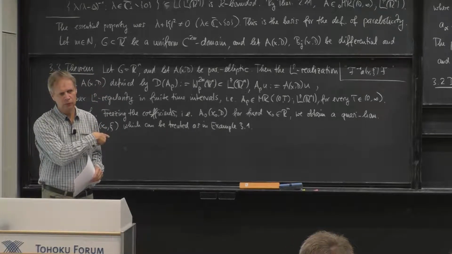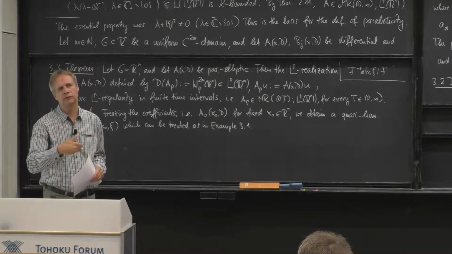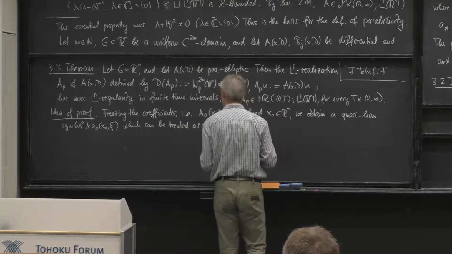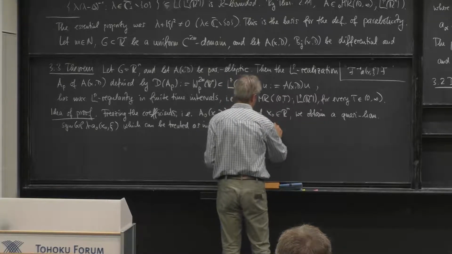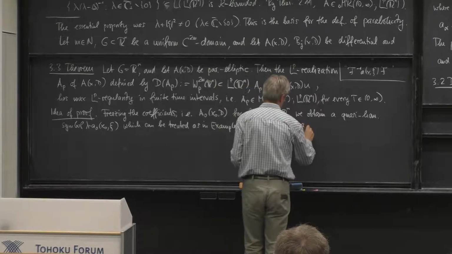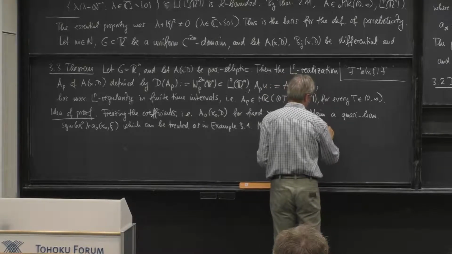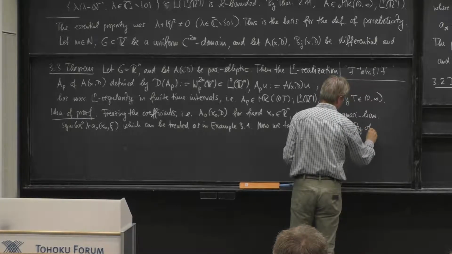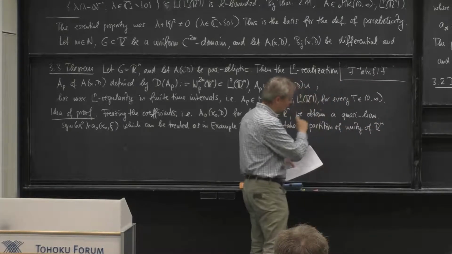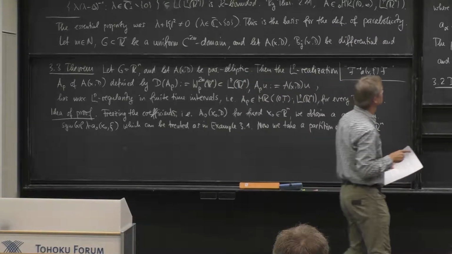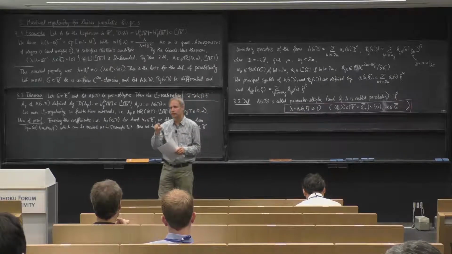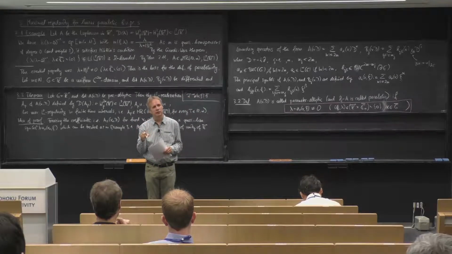So I have locally a good resolvent, but now I have to take a partition of unity. So in the general case, we take a partition of unity of Rn. And if you take a look at the conditions, this is the point where I need continuity of the principal symbols, because I have to know that in a neighborhood of x0, this has to be close to the operator when I freeze the coefficients.